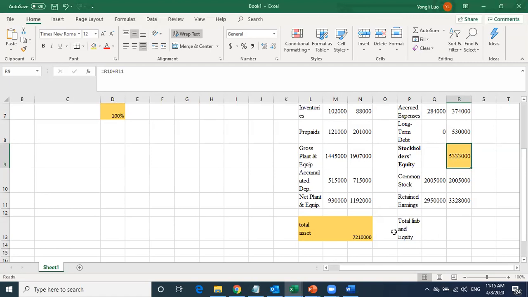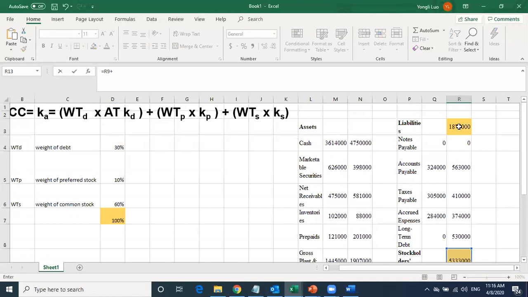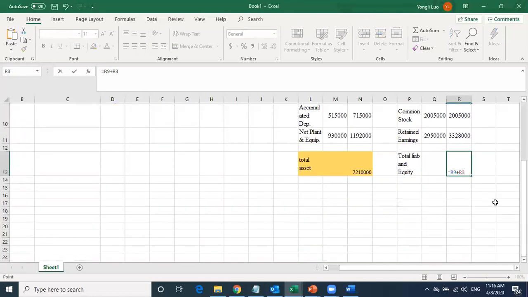Your total liability and owner's equity equal this number plus your total liability. You see it has to be balanced. Your total asset equals your total liability and owner's equity.